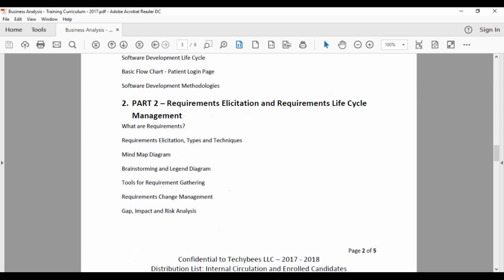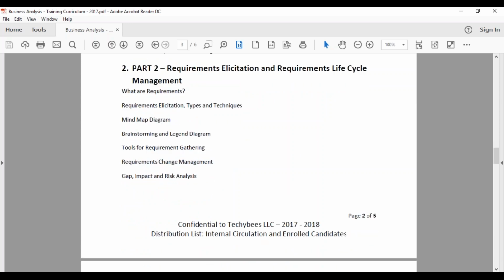Now let's move on to part 2 of the training curriculum, wherein we're going to see each and every phase of the SDLC, 6 different stages of SDLC in detail. Primarily the requirements planning, requirements analysis, design, system design and functional design in detail.